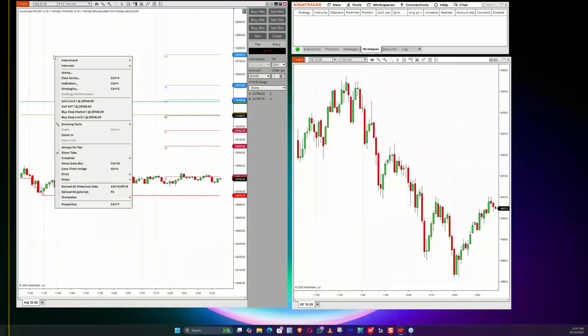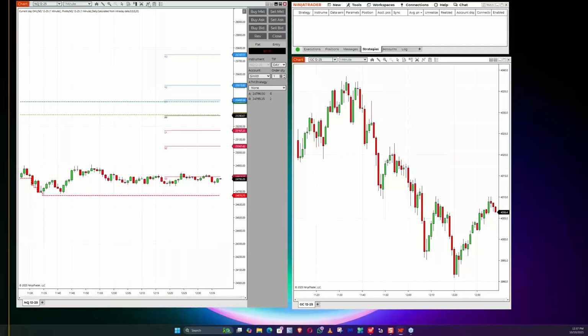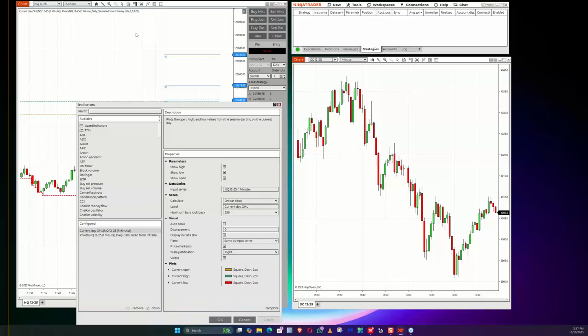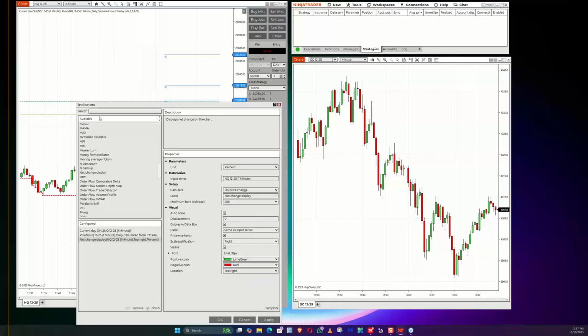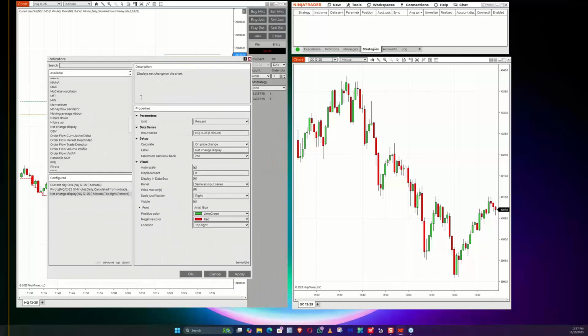Then I'm going to put another very important indicator on the chart. You could click the indicator button at the top. I'm going to add net change display. I love net change display and I love a free indicator. Double click it. All I have to do to configure net change display, depending what chart it's on, is tell it what unit of measure to use for the instrument.